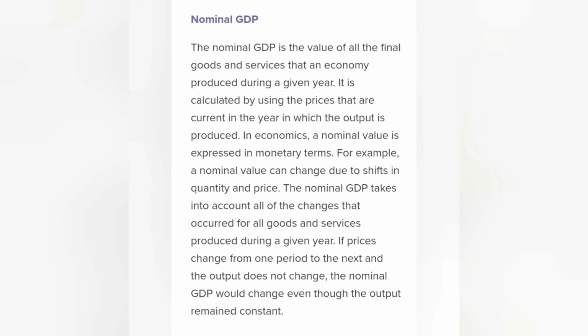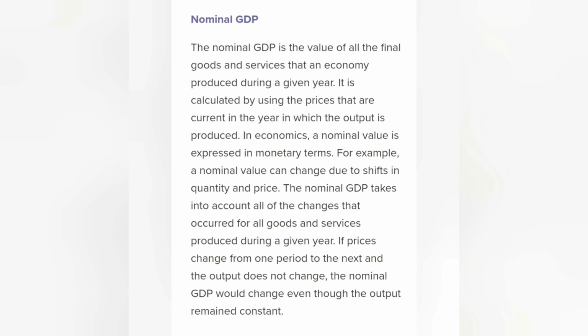Next is nominal GDP. We can explain. The nominal GDP is the value of all the final goods and services that an economy produced during a given year. It is calculated by using the prices that are current in the year in which the output is produced. In economics, a nominal value is expressed in monetary terms. For example, a nominal value can change due to a shift in quantity and price.